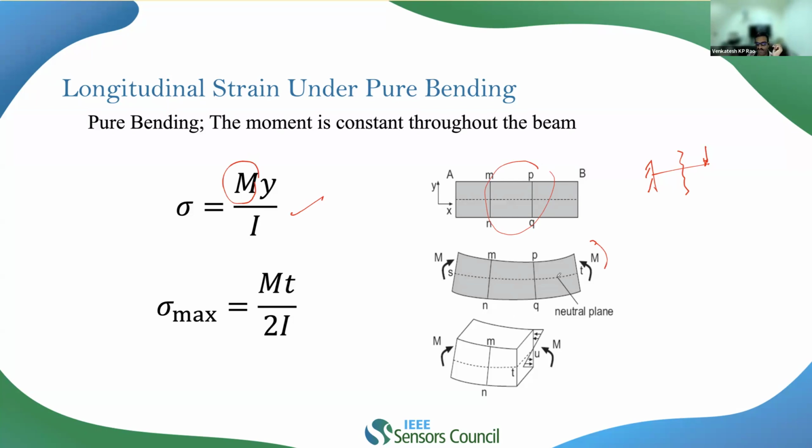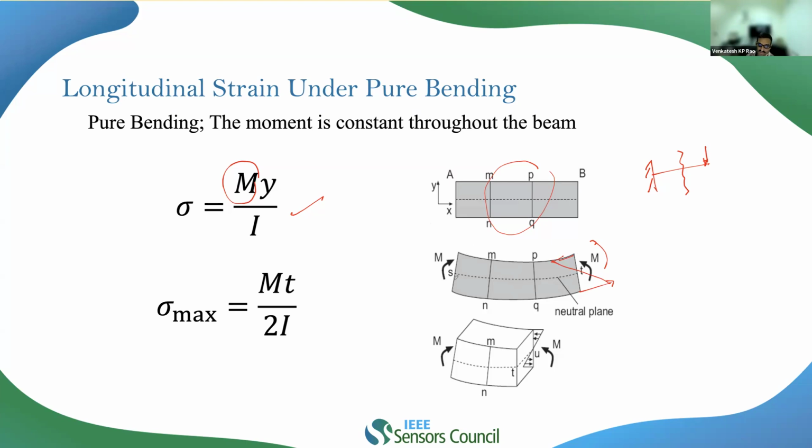The neutral fiber is the one which has been marked. If you look at this figure carefully, this is my initial position, and after we bend it, what happens? The top fibers have undergone compression and the bottom fibers have undergone tension. You can see that there is an elongation of the bottom fibers and a compression of the top fibers, so there is a stress gradient from top to bottom.